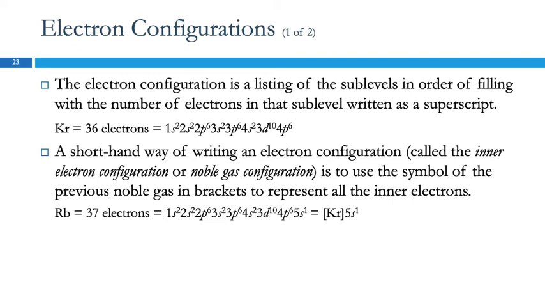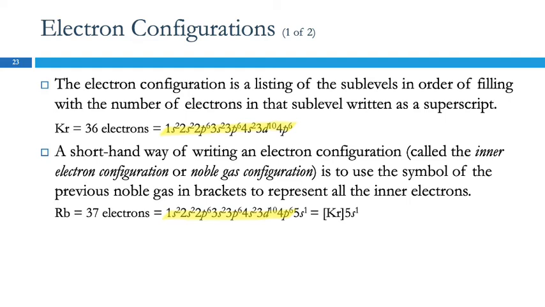And so what we do here is we look at the previous noble gas, and we substitute for that. So here we've got krypton was up to 4p6, right? So that highlighted part, that is the electron configuration of krypton. And it's always going to be the same, right?